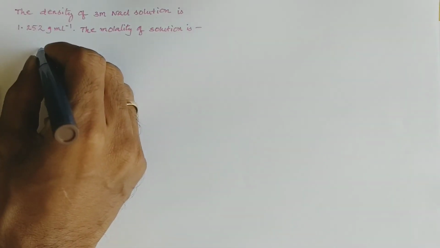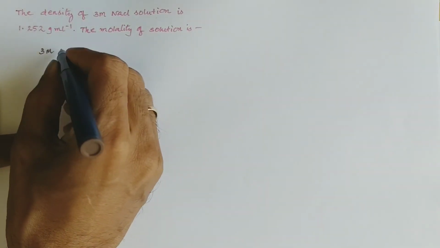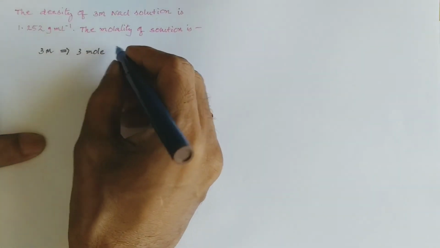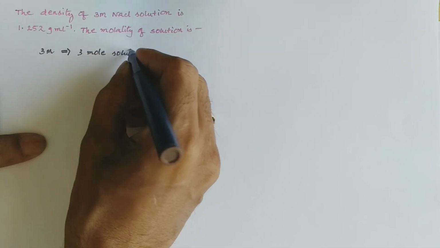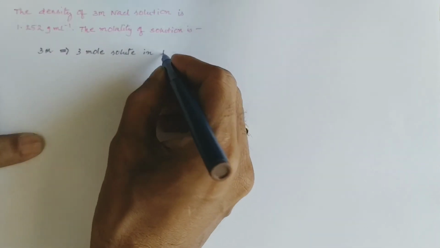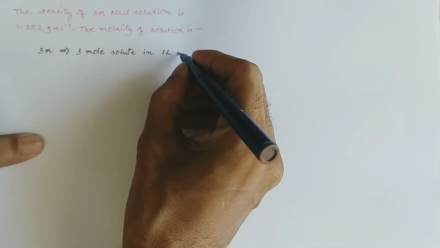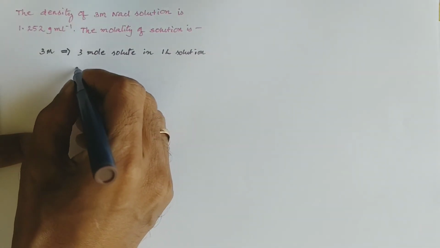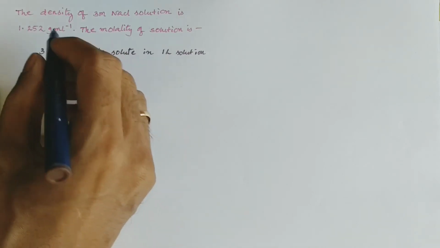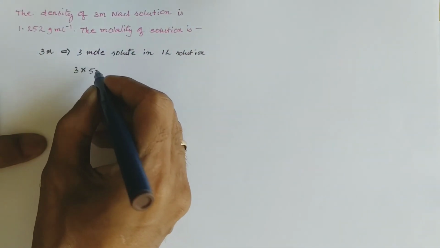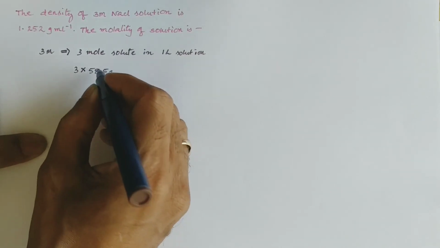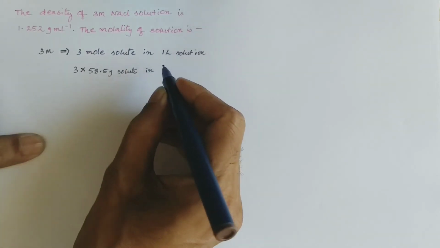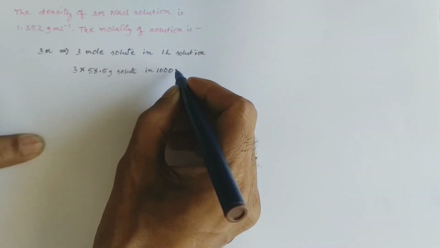Here it is given as 3 molar solution. 3 molar solution means 3 mole of solute present in 1 liter solution. 3 mole means 3 into molar mass of sodium chloride, which is 58.5, so 3 into 58.5 grams of solute present in 1 liter. 1 liter means 1000 milliliters solution.